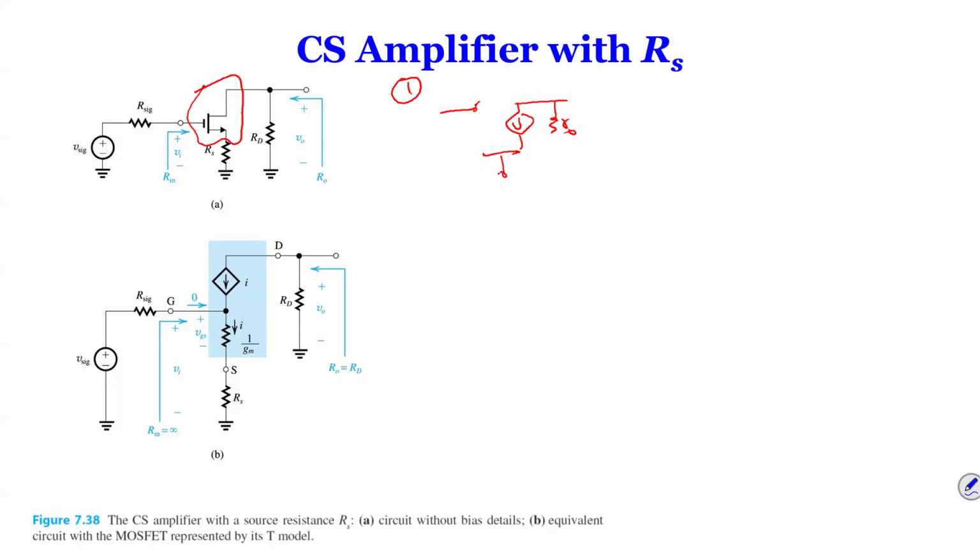Now you notice that I started to draw RO in the circuit, just to make it complete instead of going without RO and then coming back with RO. Okay, so now we see what is connected to the input, and we should do this together. And then you see your input has a resistance.